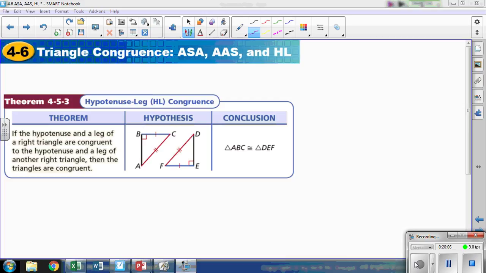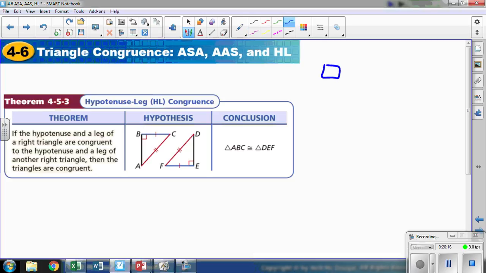The last theorem that we are going to have is hypotenuse leg, or at least the last one we have today. Hypotenuse leg has our checklist. Well, first of all, this one only works for right triangles. If you don't have a right triangle, this cannot be used at all.